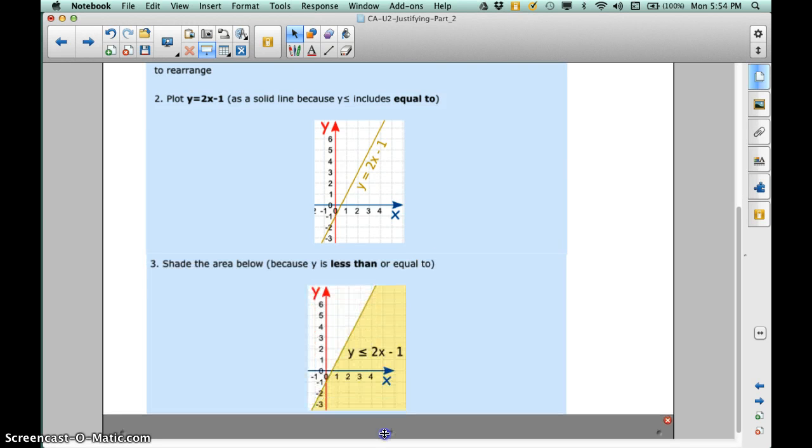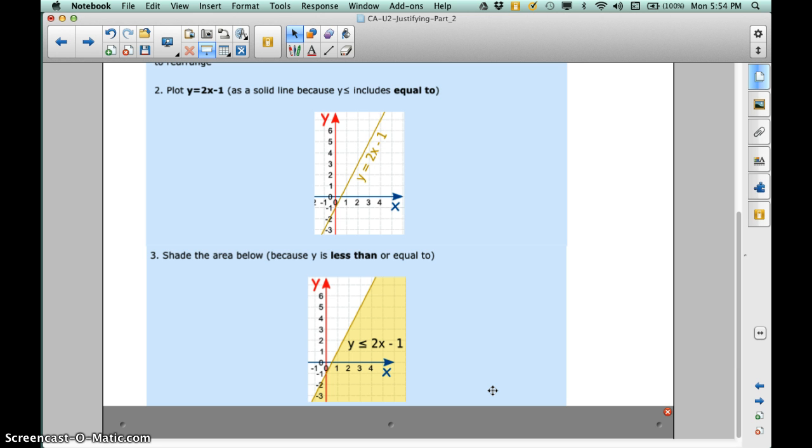We've decided to shade the area below this line because y is less than or equal to. And if you're not sure if you've picked the right region to shade, pick any point, for instance the point 4, 0, and if you plug that in for the x and the y, you will get a true statement.